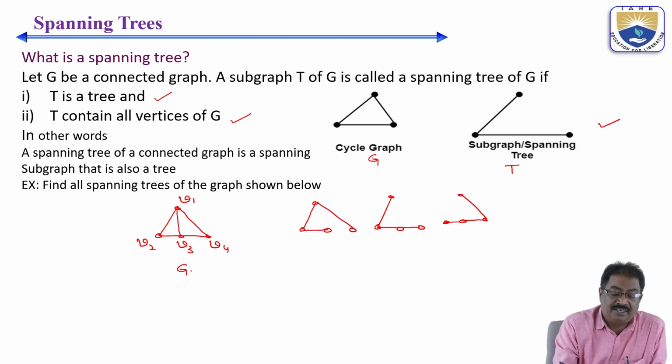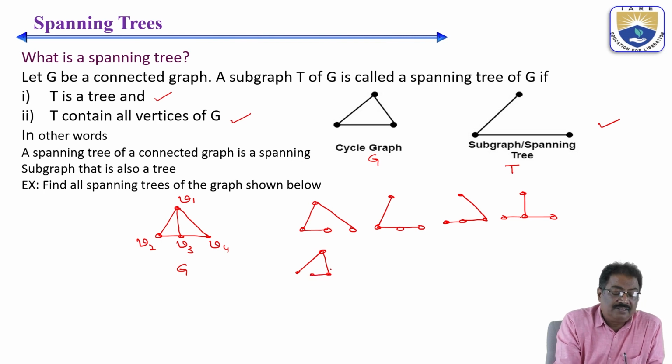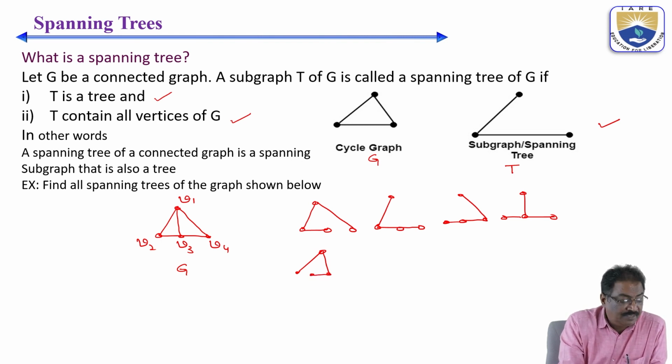Let us consider another one. We are going to get another spanning tree like this. Another spanning tree is like this. This is another spanning tree. Then the next one, this is another spanning tree.